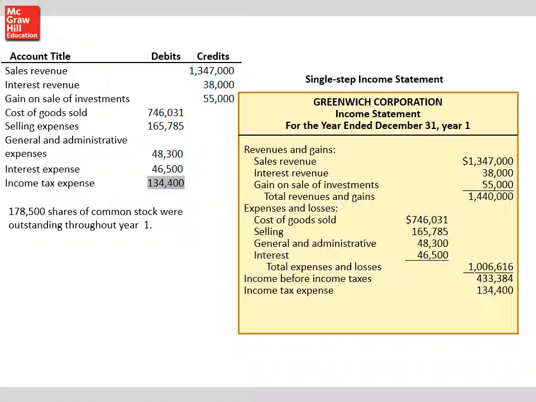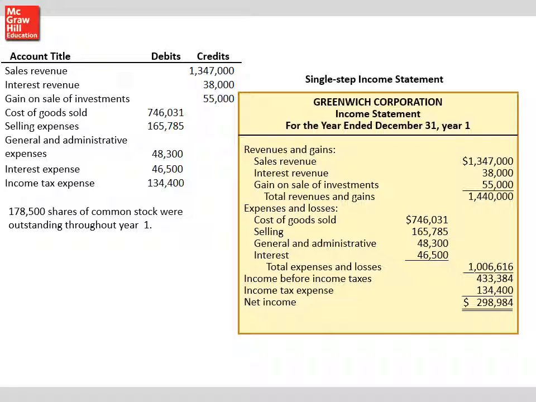They're always listed separately. Income tax expense is then subtracted from income before income taxes to get net income, $298,984. Single step, usually not done this way unless you're in a service business. Most merchandising or manufacturers do a multiple step income statement.